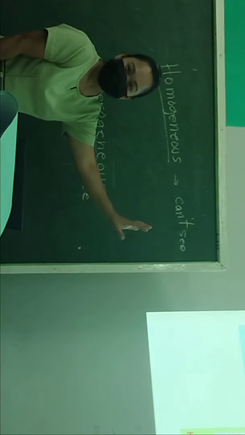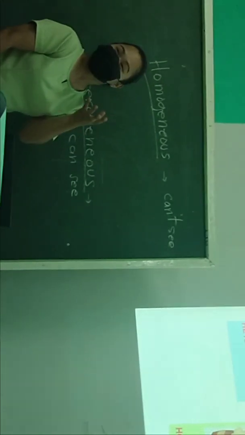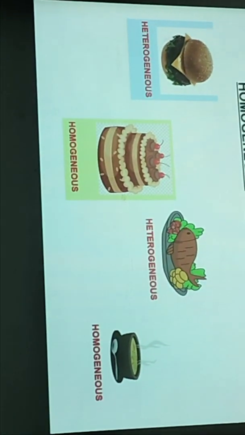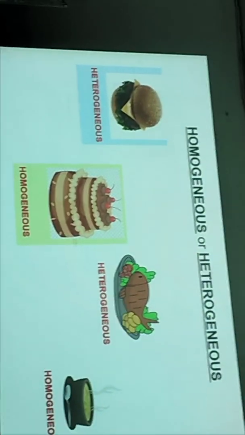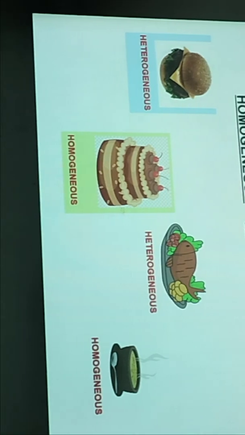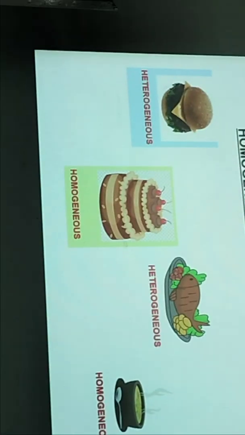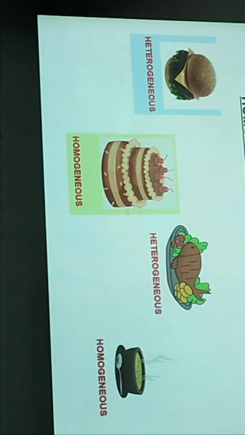Can you see the salt floating in the soup? No. Sometimes we can see the green leaves and the carrots. Maybe it's a combination of homo and hetero, but it is more on homogeneous. Very good.